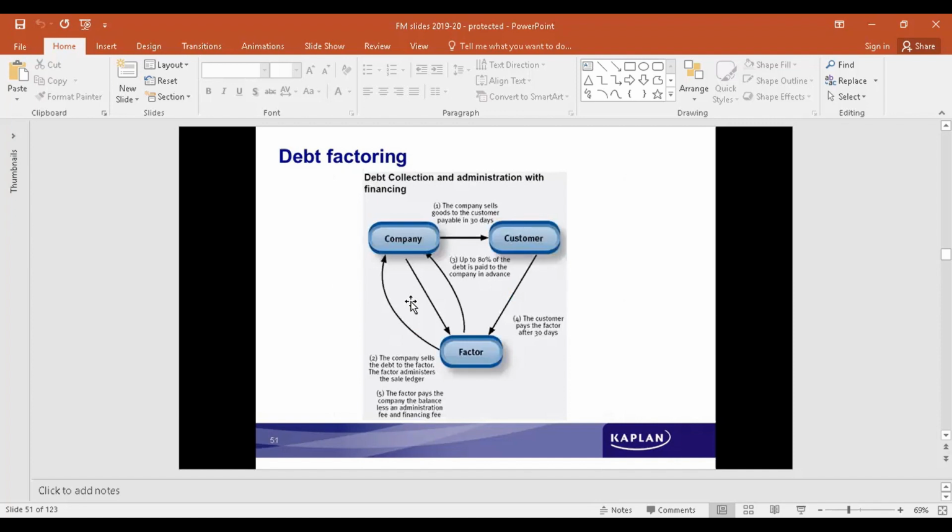Now, another important aspect we need to remember here is who would bear the bad debts if they arise in future. Would it be the company or the factor? So we see that factoring could be without recourse and with recourse. If the factor takes up the risk of bearing the bad debts, he would charge a higher percentage of administration charges because he is ready to take up the risk of facing any bad debts that arise.